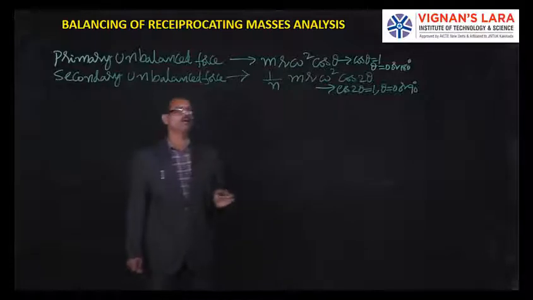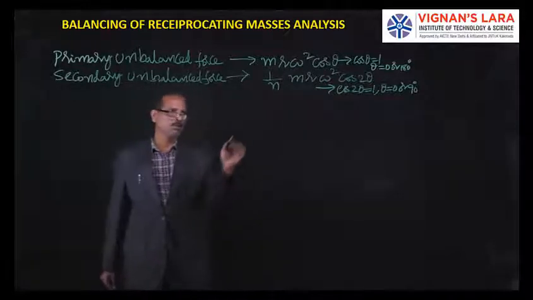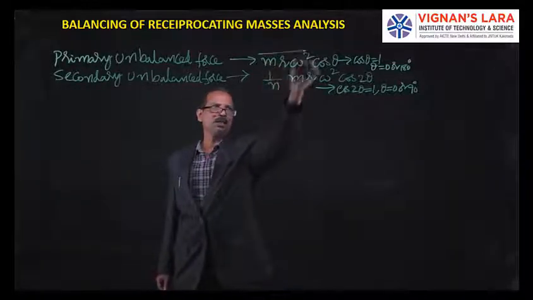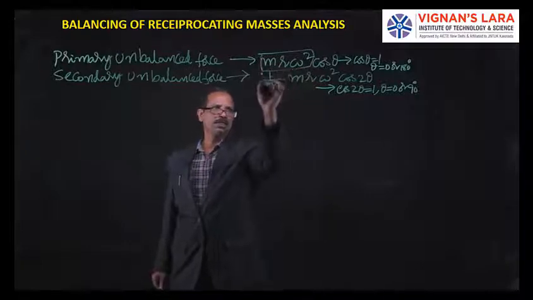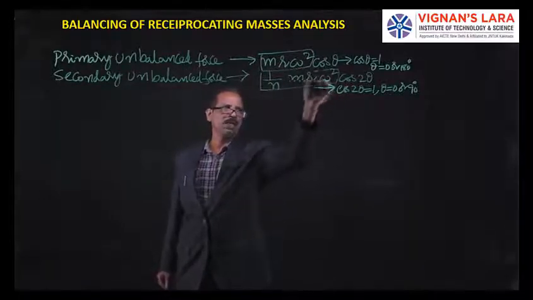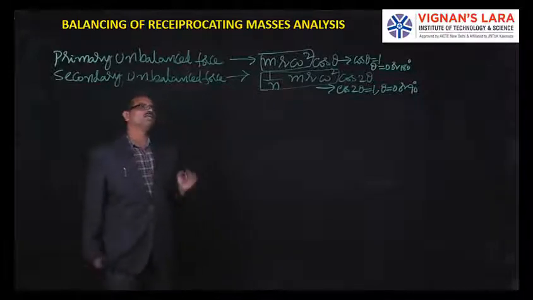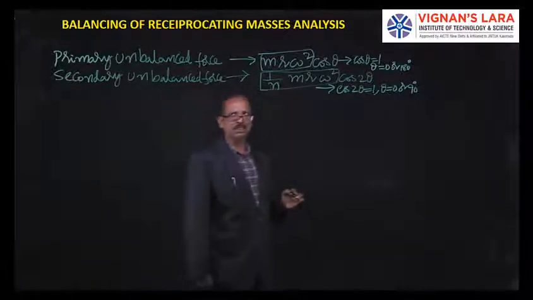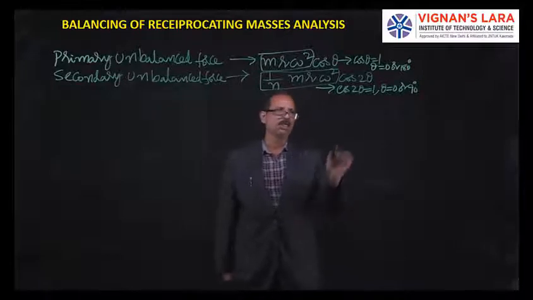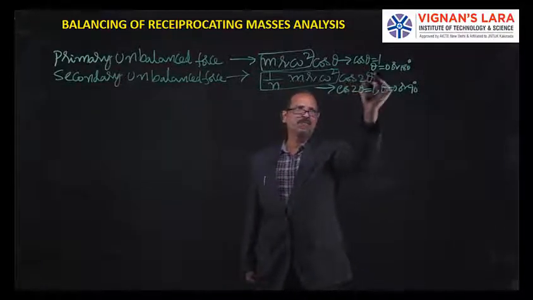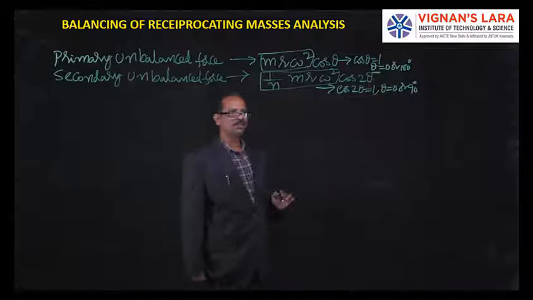So the maximum values will be m r omega square and 1 by n m r omega square. The magnitude of the primary and secondary unbalanced forces is a function of theta.